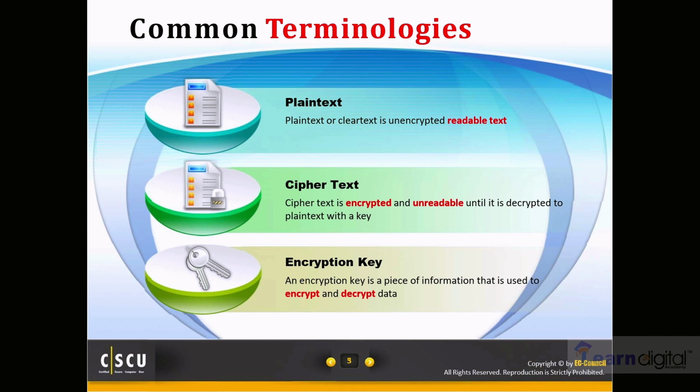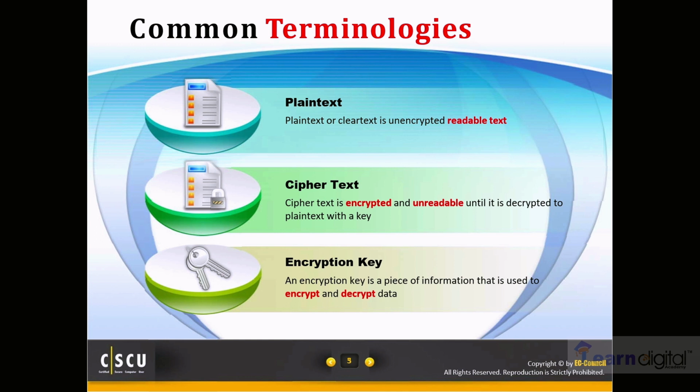Plain text is the original, unencrypted message or data, while ciphertext is the encrypted version of the plain text, which is typically unreadable without the decryption process. And an encryption key is a unique piece of information used to encrypt and decrypt the message, ensuring only authorized individuals can access the plain text.